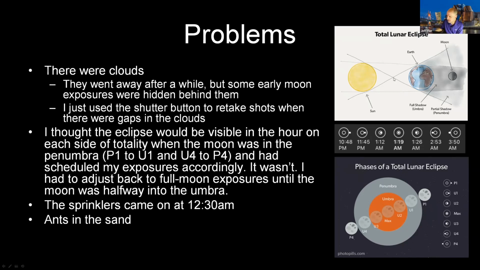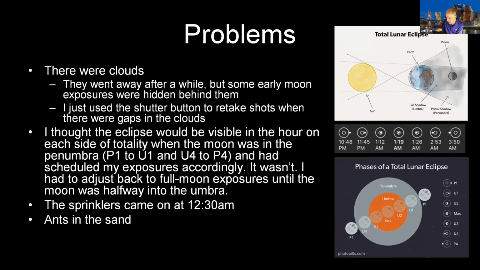But if you look at a picture of what's going on, there's actually two shadows of the Earth that the eclipse goes through. There's this partial shadow called the penumbra, and then there's this full shadow called the umbra. I had sort of interpreted that when the moon went into the penumbra, that's when I was going to start to see an eclipse occurring.